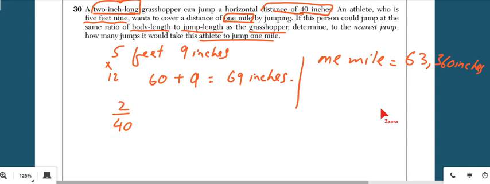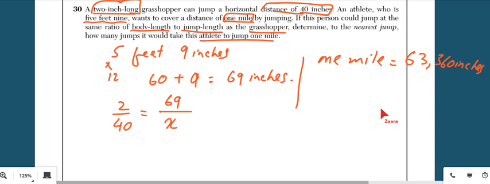And it is the same for the person, and he is basically 69 inches, so his height will go here. Clear? And the horizontal distance I name x.